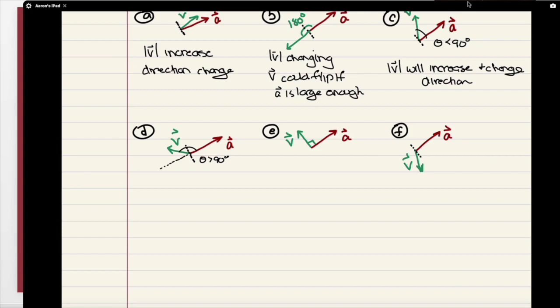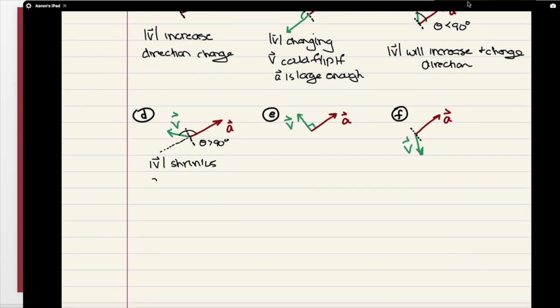So they're closer to being like this, where like in part B, we saw that is the case where V shrinks and also changes direction. A is going to try to pull V to point in the same direction. V will have to decrease first. It may eventually flip around.